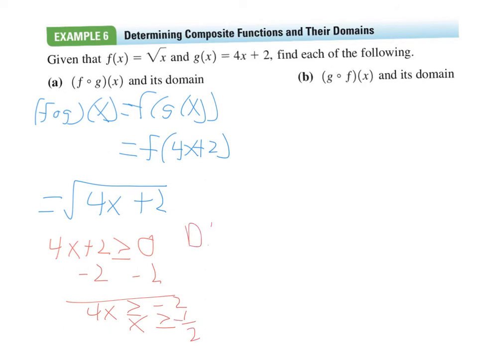So the domain would be the interval of all x values from negative 1/2 to infinity. And it would be a bracket around the negative 1/2, since our x value can be equal to negative 1/2.